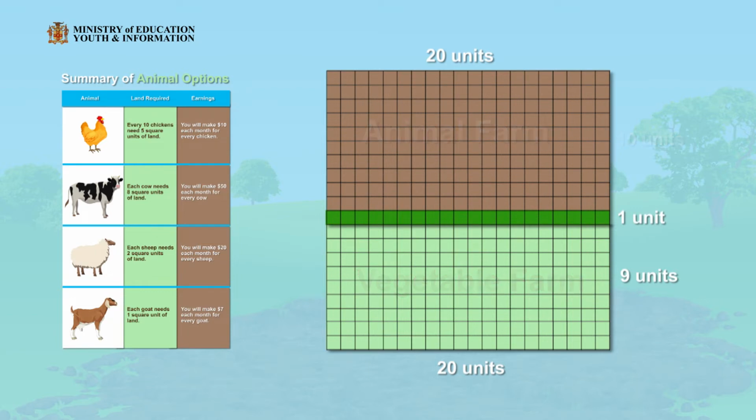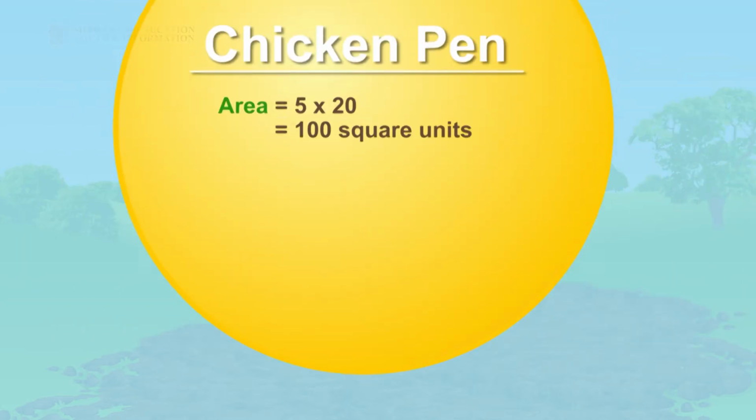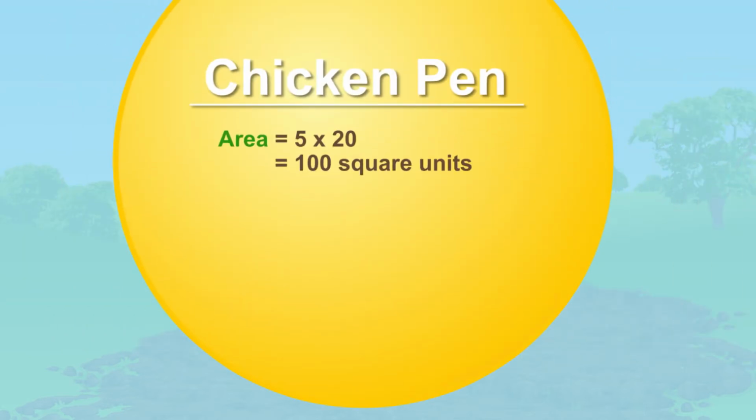That would be 5 units by 20 units. How many chickens will I be able to raise? Let's check the area I have available. 5 units by 20 units. That equals 100 square units.